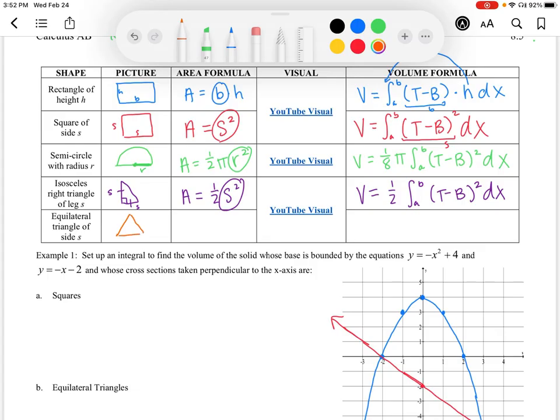So that's a triangle where all of the sides are the same. And you may not remember this formula, but the area for an equilateral triangle is the square root of 3 over 4 s squared. So my volume, I'm going to have that square root of 3 over 4 on the outside, the integral from a to b, and that s squared is what's going to be my top minus bottom squared dx.